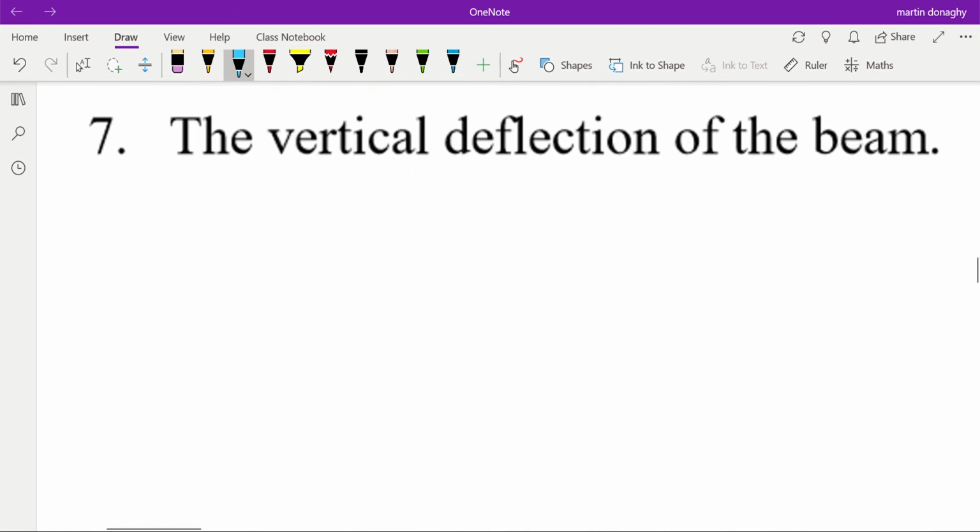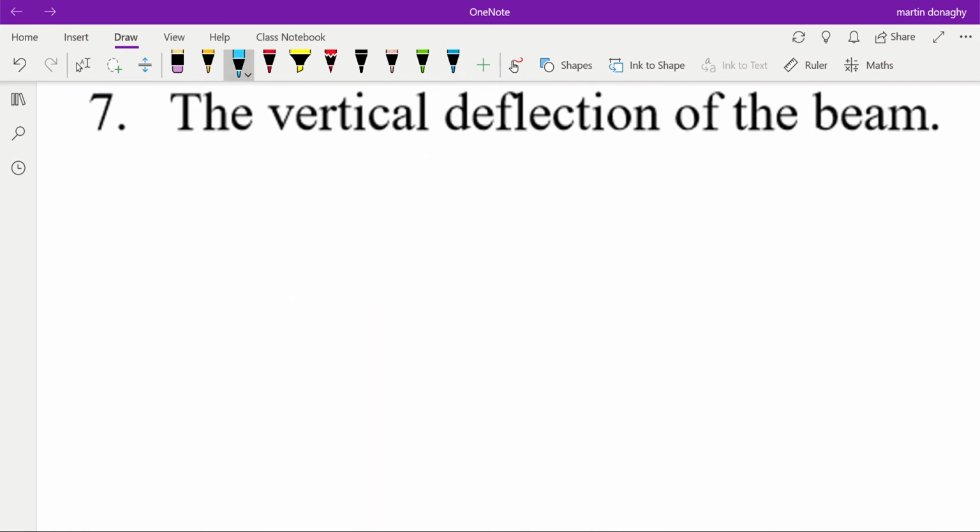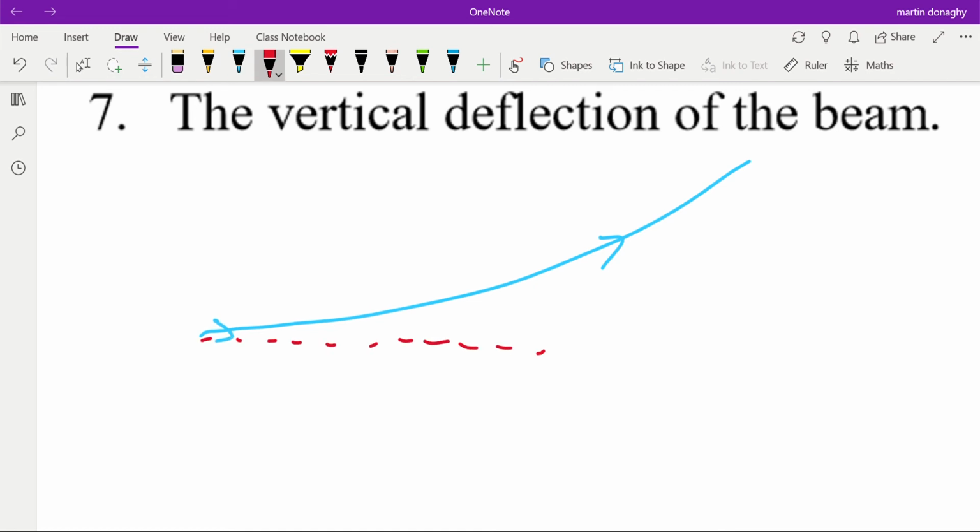The last question is the vertical deflection of the beam. So we know it's going to take a path something like that across the 100 millimeters. If there wasn't any electric field there, it would go straight ahead. But what is this displacement? That is a vertical displacement, therefore we just look at the vertical components.